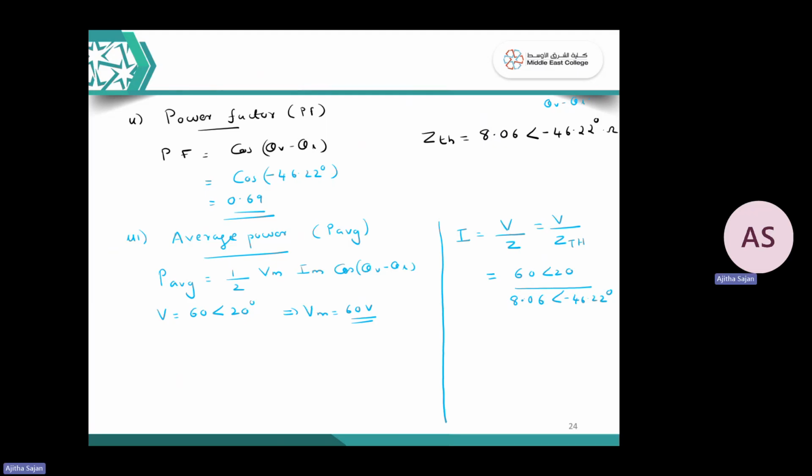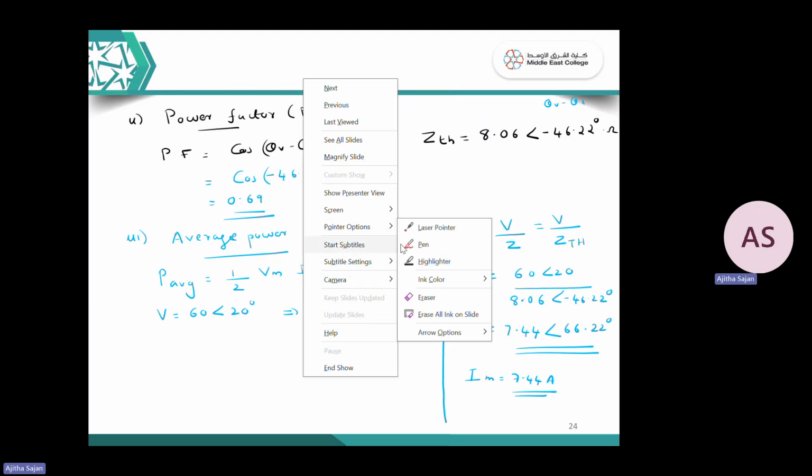So what is V divided by this? You will get the answer as 7.44 angle 66.22. This is I. Once you get I, what should be Im? Im will be equal to 7.44 ampere, because that is the peak value.